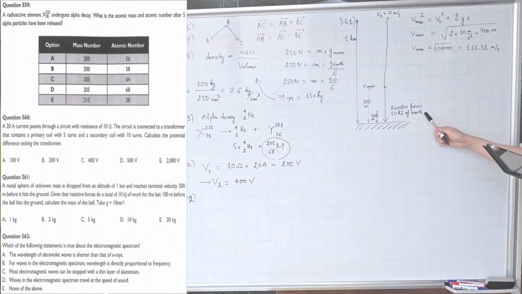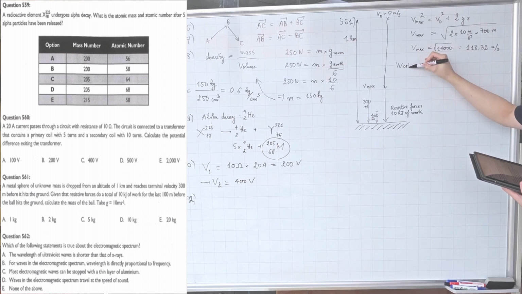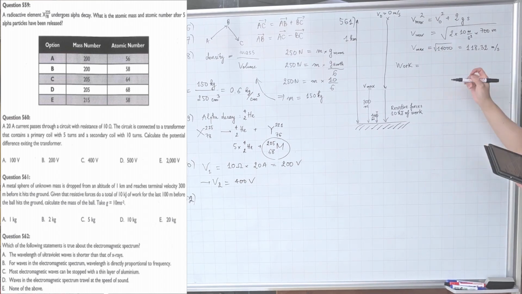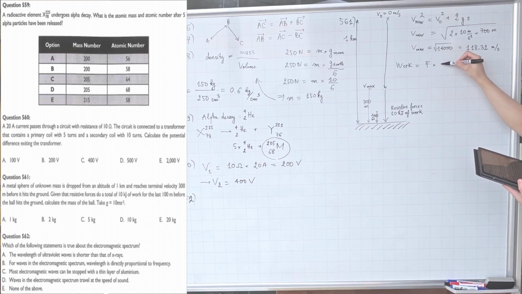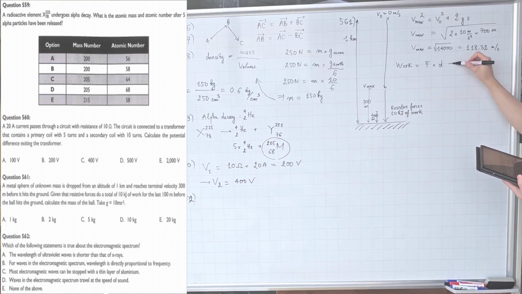So let's say resistive forces, they do this much of work. And you know, work is force times displacement, right? Displacement is 100 meters. The force here is actually the mass of the ball times g, times d.